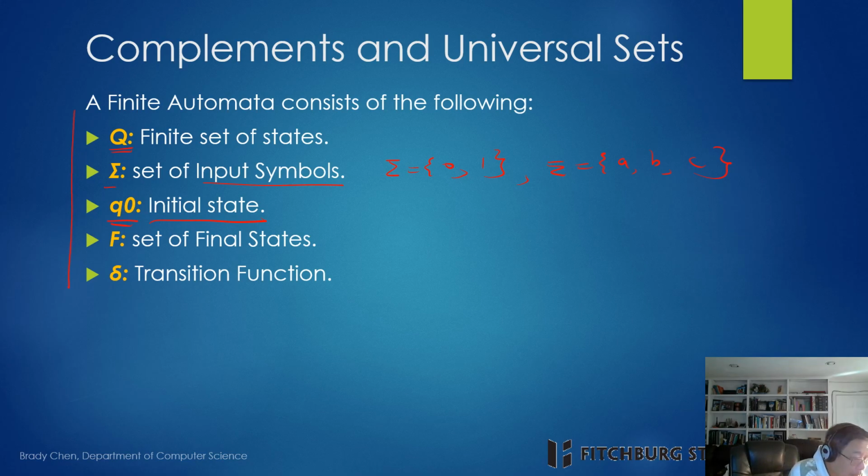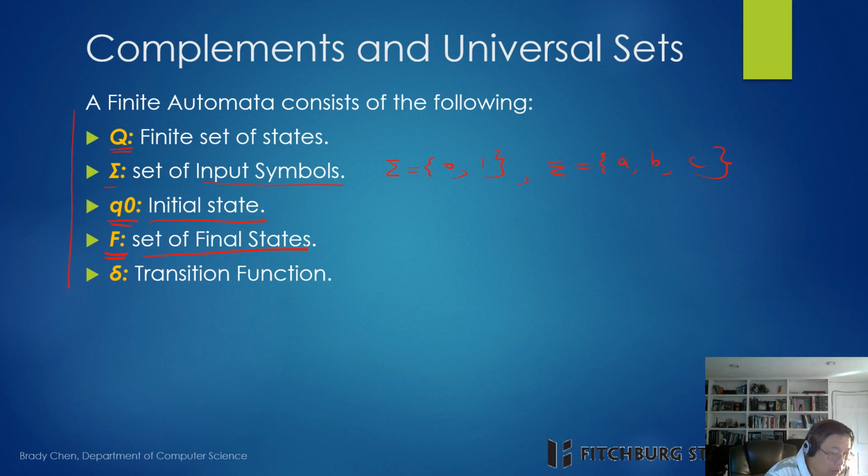And then F is a set of final states. Remember, the finite automata is going to accept a string, and this is the input, and then we're going to start from the first state, the initial state, Q0, and based on the element in the input, we're going to decide which is the next state we're going to move to. Okay, and eventually we're going to end up in a final state.